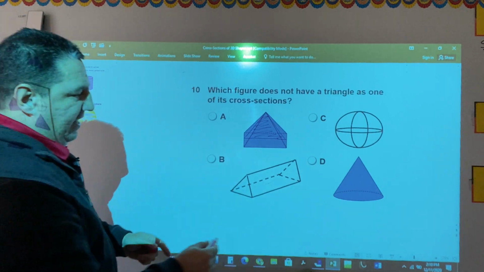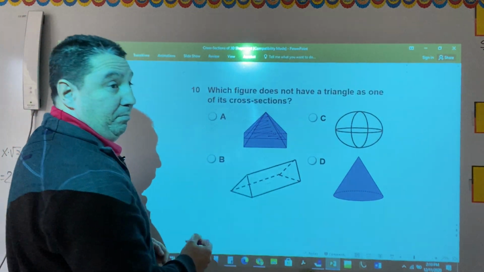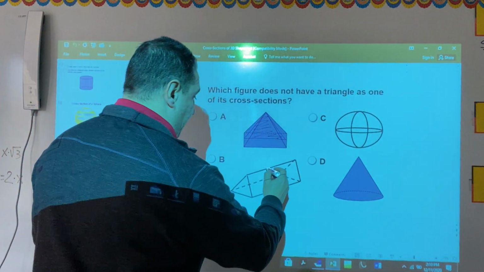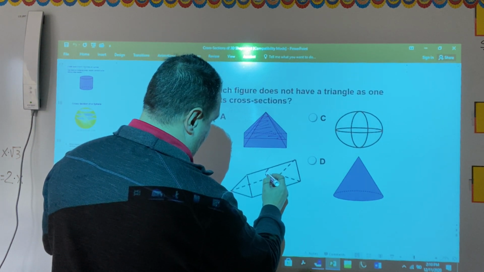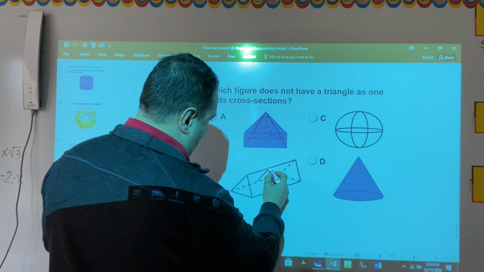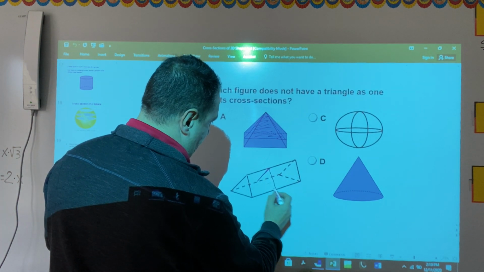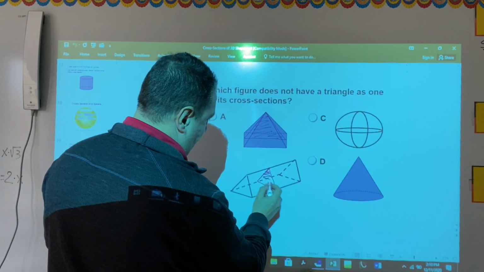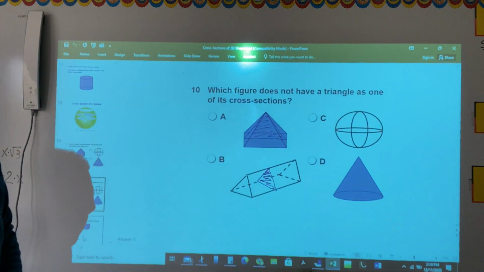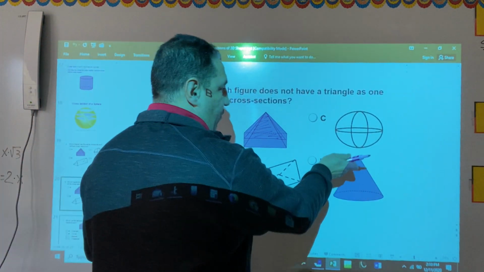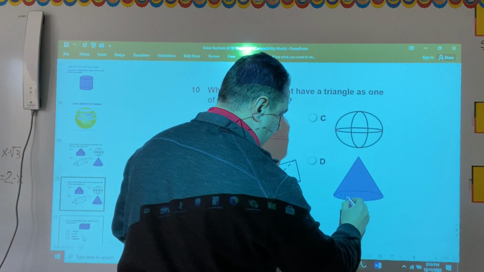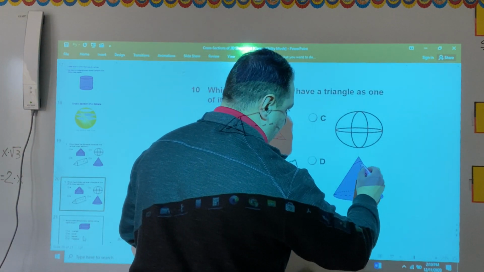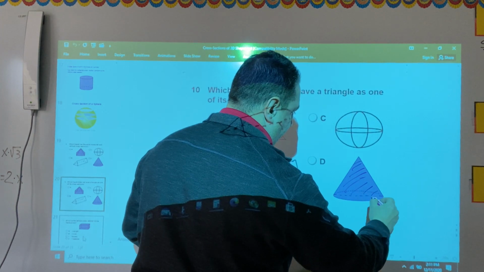Here, if we cut this triangular prism vertically, the resulting cross section would be a triangle. And also here, if we cut this cone vertically, the resulting cross section would be a triangle.